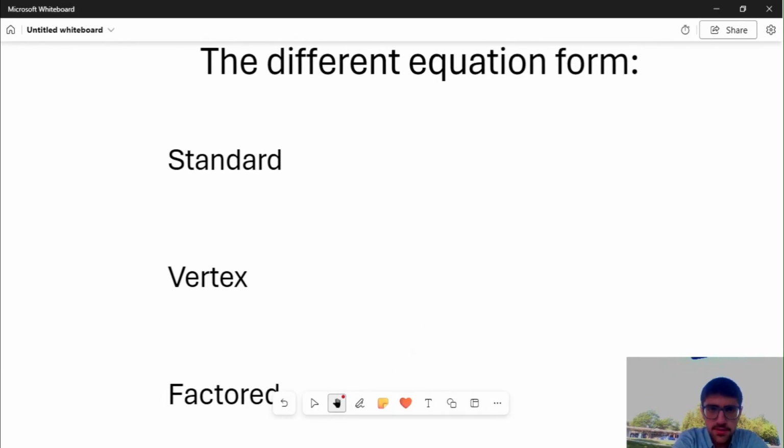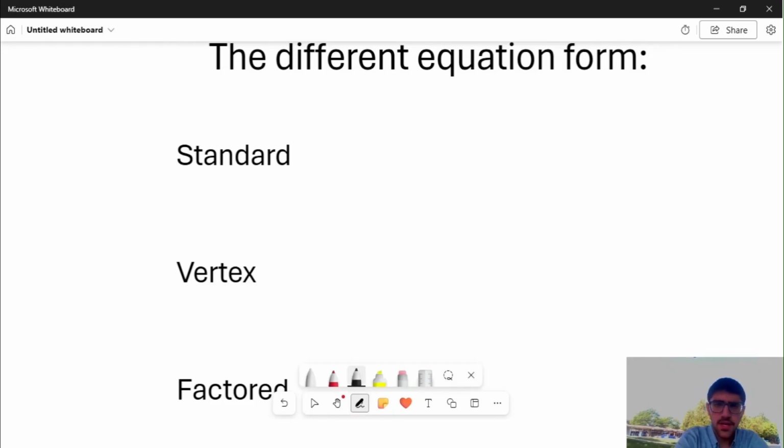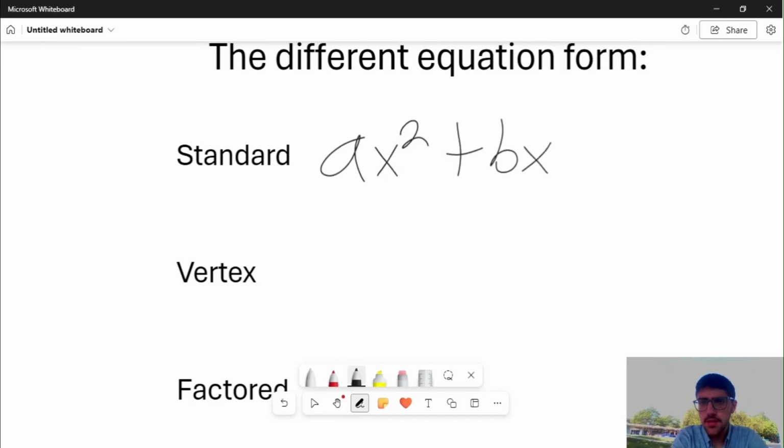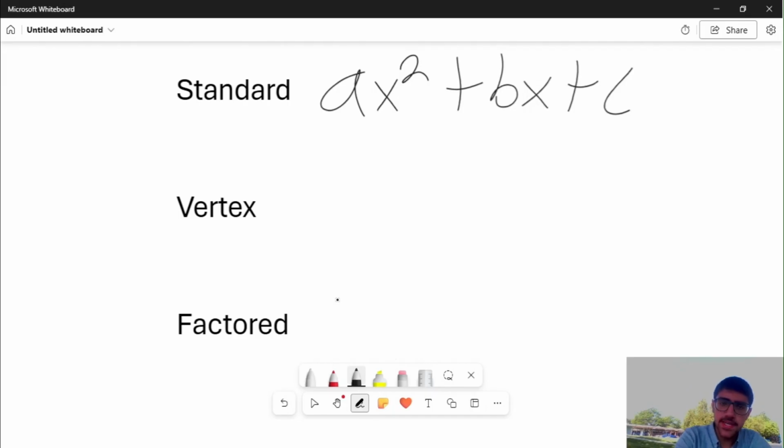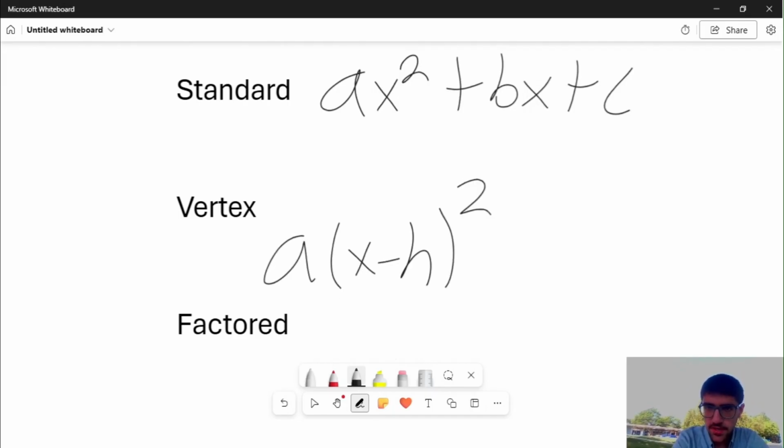So what does it look like? It looks like ax squared plus bx plus c, where a, b, and c are constants. First I'm going to show you all of them, then I'm going to go into depth on each. Vertex form is a times (x minus h) squared plus k, and a, h, and k are constants here.